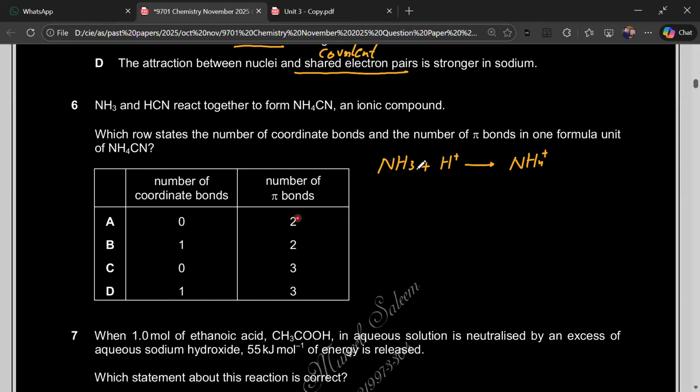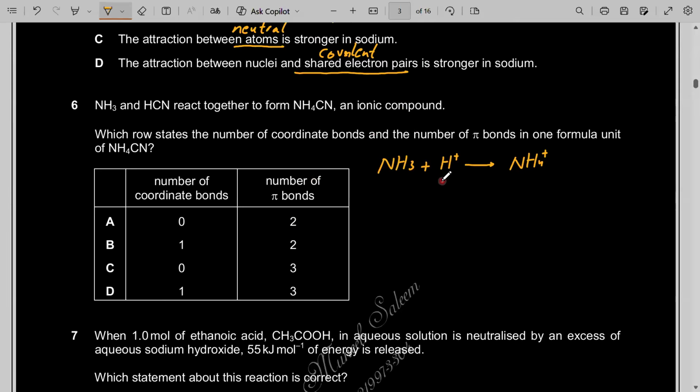In the question, the hydrogen is coming from the HCN. So we will write NH3 reacting with the HCN to make the compound NH4CN.